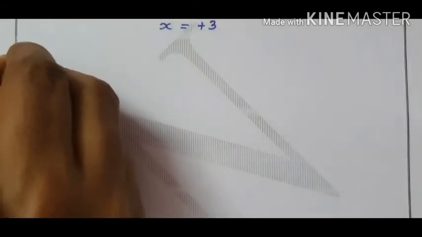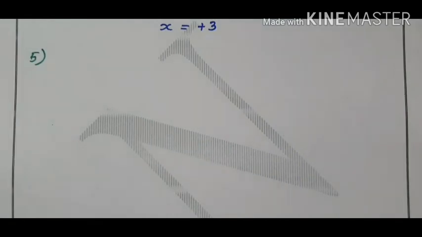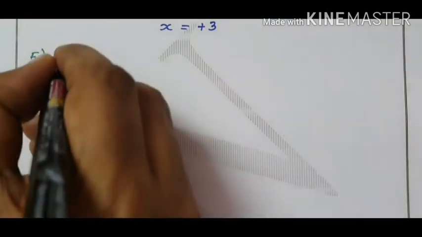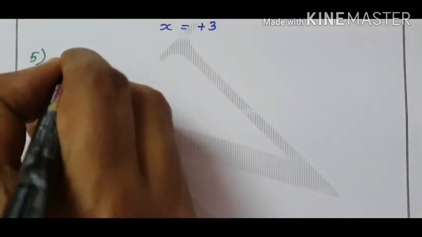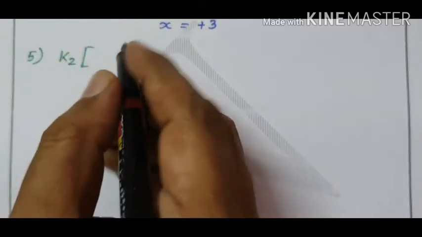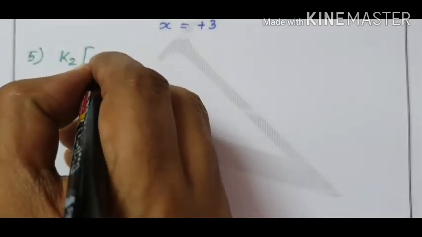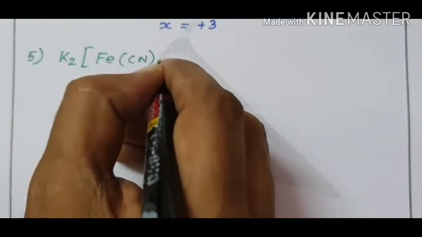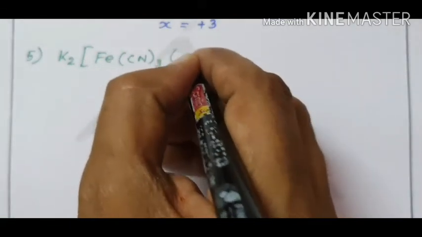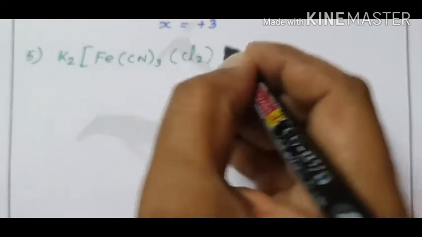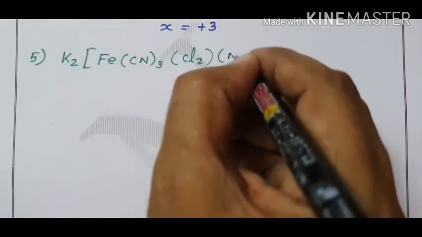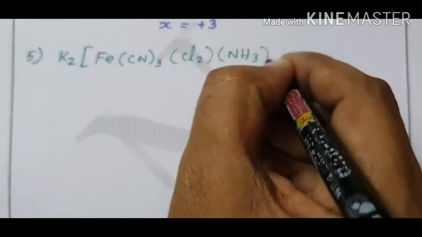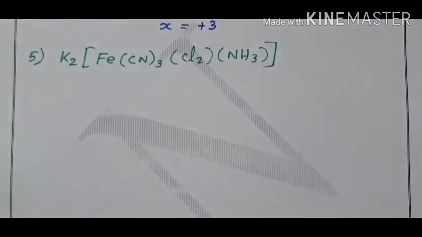Compound number 5. How to find out the oxidation state of the central metal ion? K2[Fe(CN)3Cl2(NH3)].